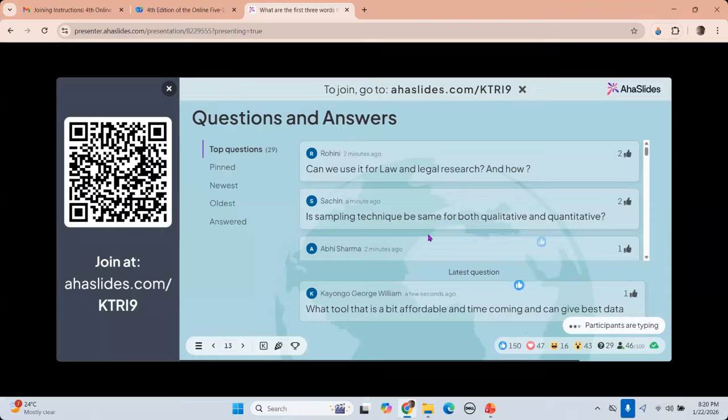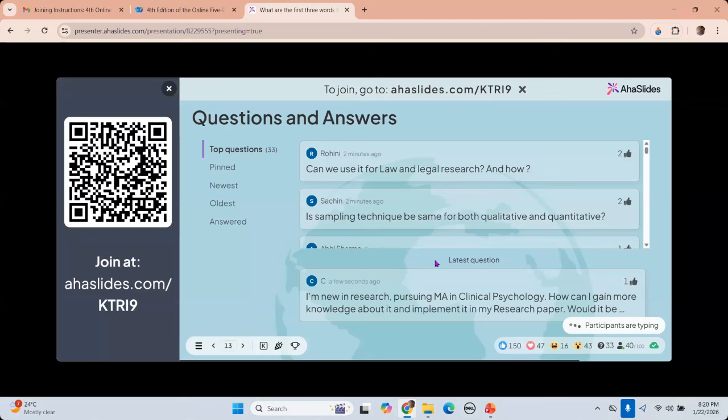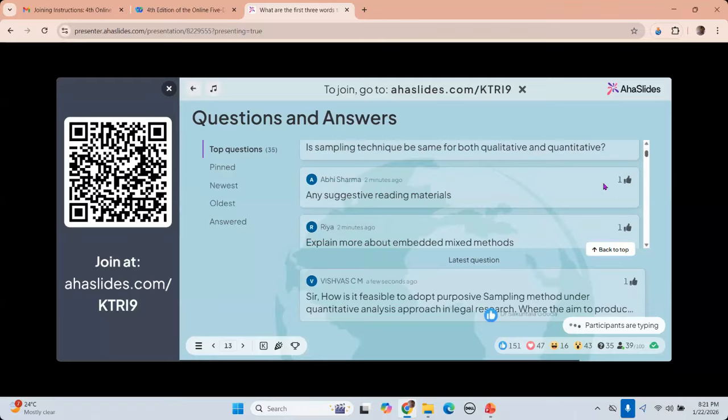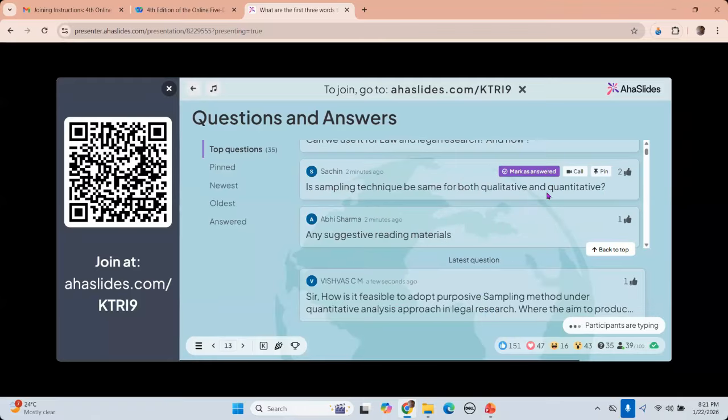Second question: are sampling techniques the same for both qualitative and quantitative? I think Professor Sachin missed the last 5 or 10 minutes of the session. When it comes to quantitative data, we have probability sampling techniques like simple random sampling, statistical sampling, cluster sampling, because here you want to collect data from the entire sample, or at least have representation. Whereas for qualitative data, we have specific criteria: you want to collect data from the particular person who can answer your research questions.